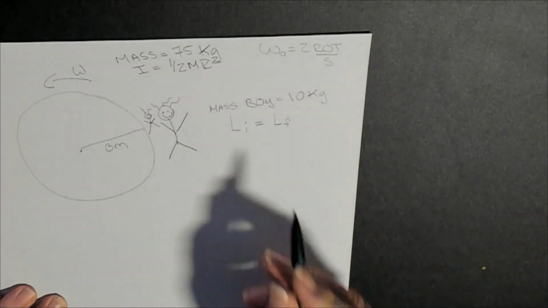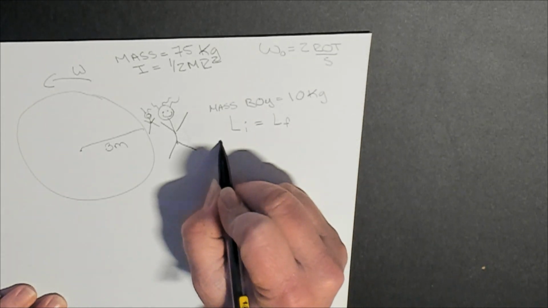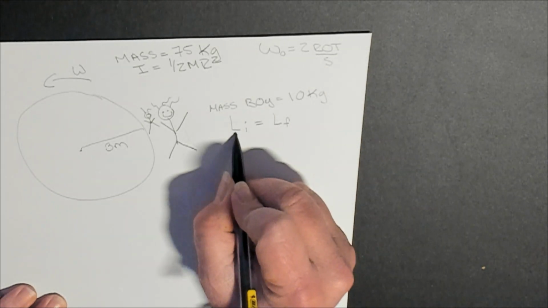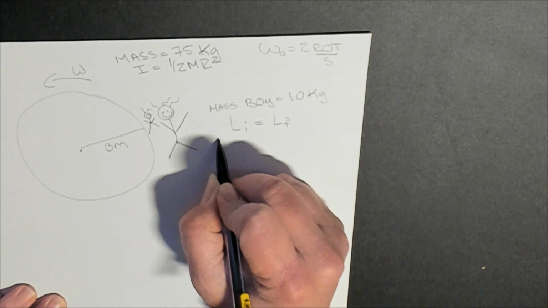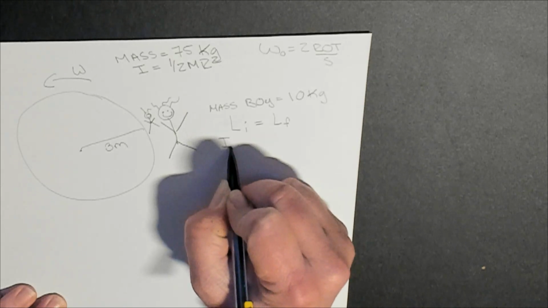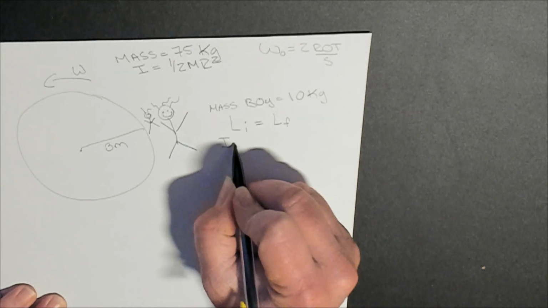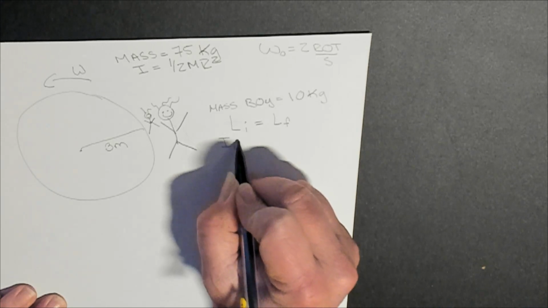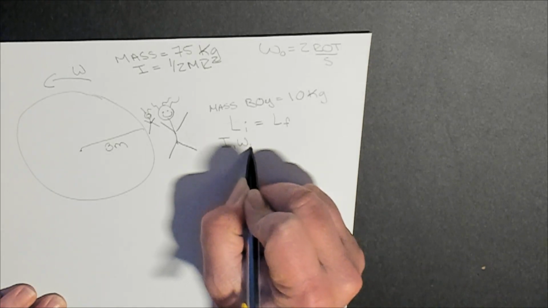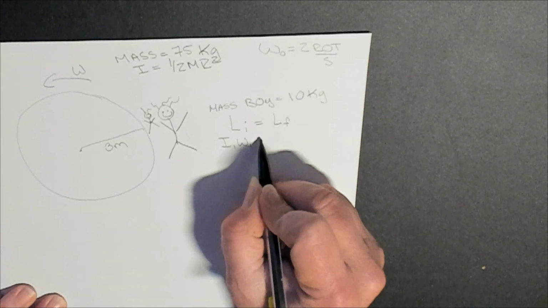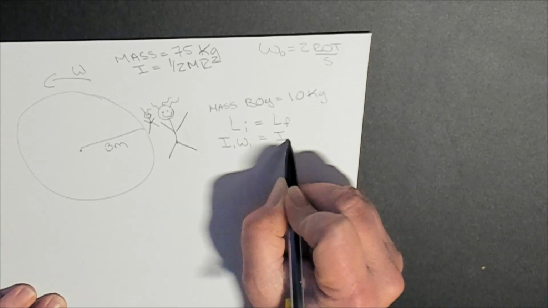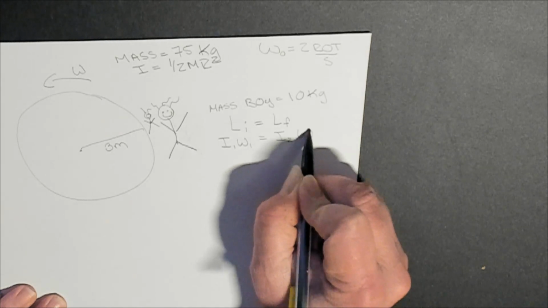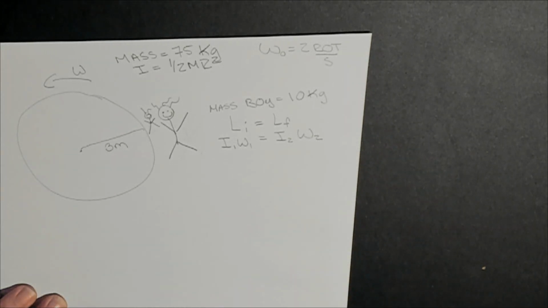And in the last video you watched, our translation going from linear momentum to angular is that instead of mass times velocity, now we have moment of inertia times omega. So I 1 times omega 1 is going to equal my moment of inertia in the end times my new omega.